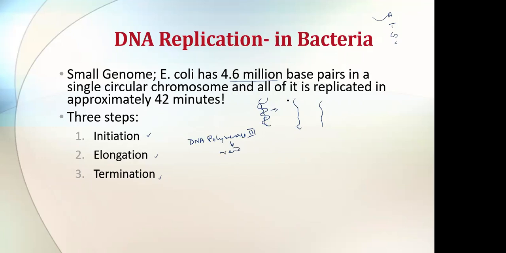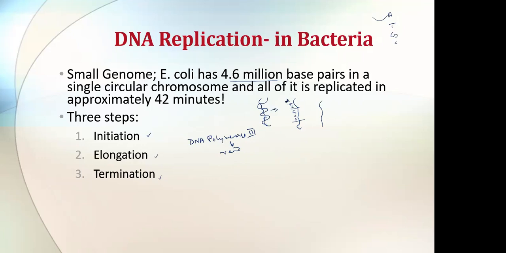Let's say over here it has A, then T, then C, then G, C, G. The DNA polymerase can read that sequence, and at the same time it can pick up the complementary base at the same spot.